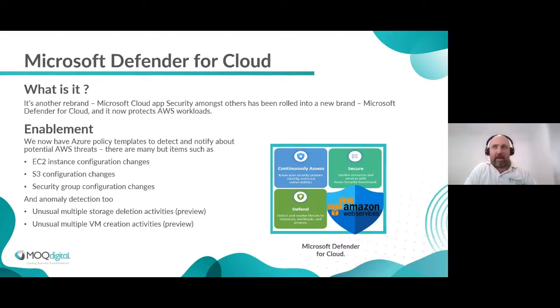And from a security perspective, same thing, right? Manage the security from a single pane of glass from that Azure environment. That's exactly right. Solve the problem once and then apply it everywhere.